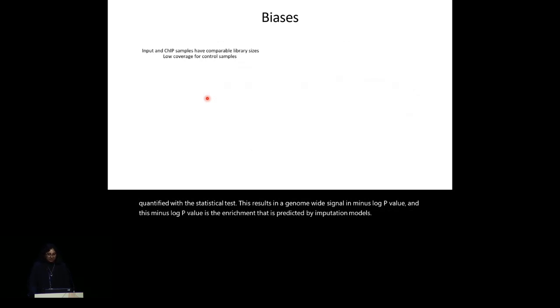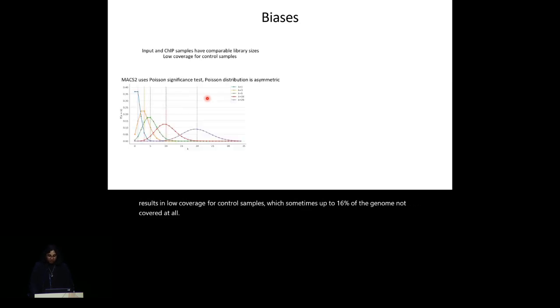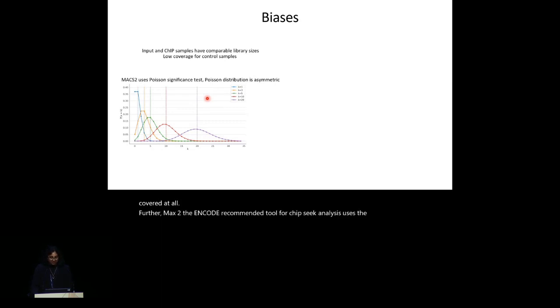However, there are some biases from the measurement and analysis processes. For example, in most experiments, control and ChIP have comparable library sizes, and this results in low coverage for control samples, with sometimes up to 16% of the genome not covered at all. Further, MACS2, the ENCODE recommended tool for ChIP-seq analysis, uses the Poisson significance test.